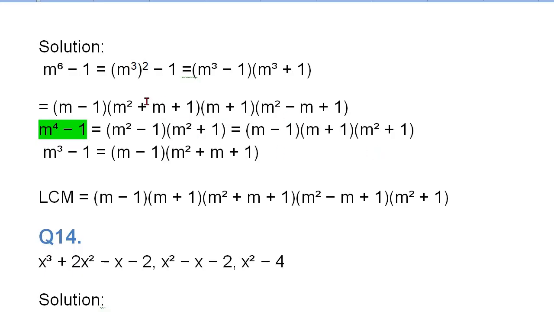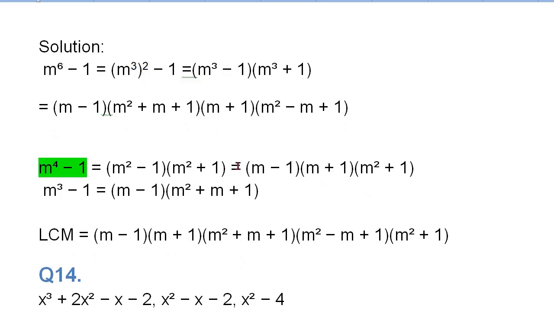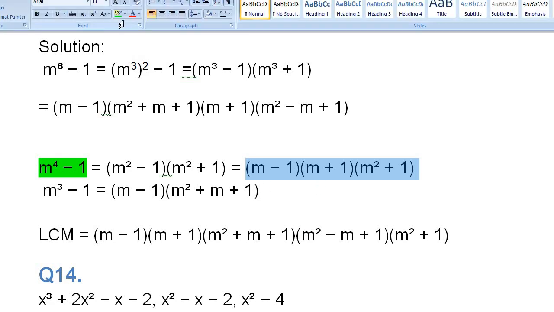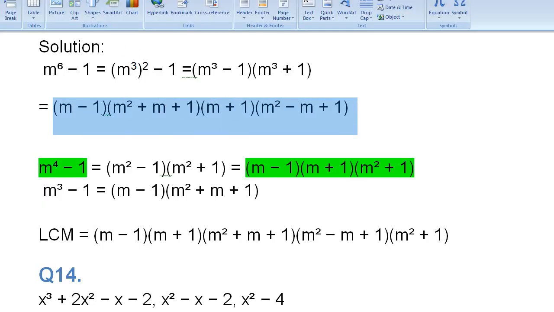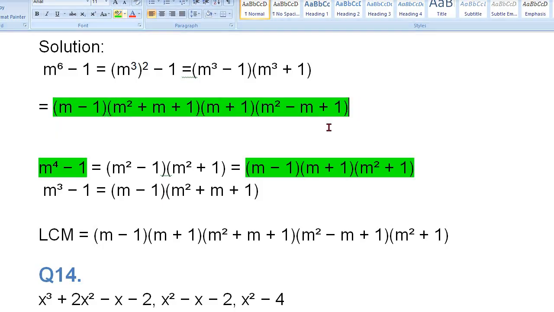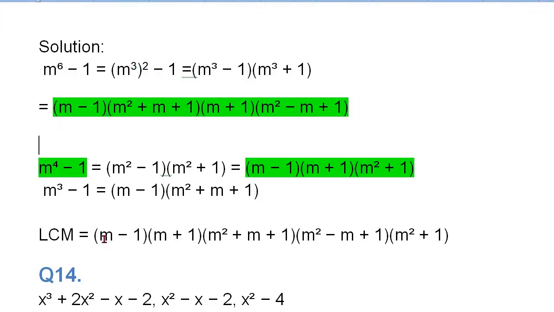So in LCM you have to remember that you have to take common and uncommon terms. This is your output. You have to take it from here, and you have to take all terms from here. Remember that you have to take all terms, but you don't take repeating terms.